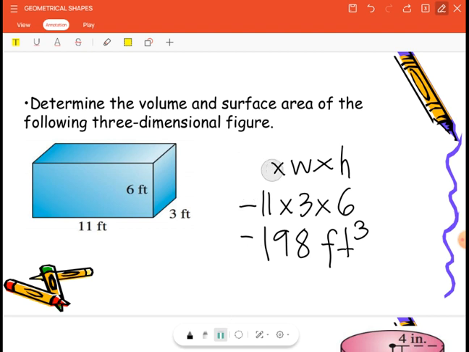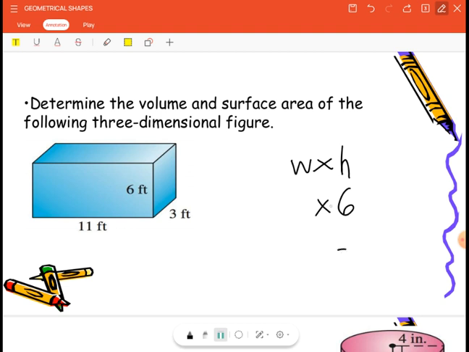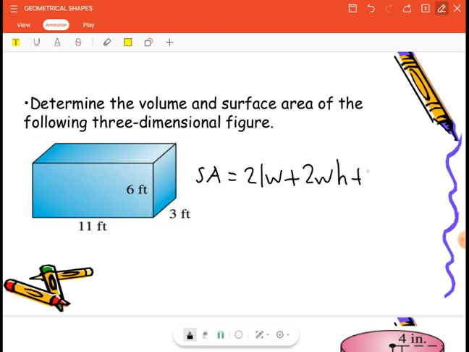Now, let us come to the surface area. For the surface area, yung binigay natin na formula kanina for rectangular shape is equals to SA or surface area is equals to 2 times length times width plus 2 times width times height plus 2 times length times height. Okay?